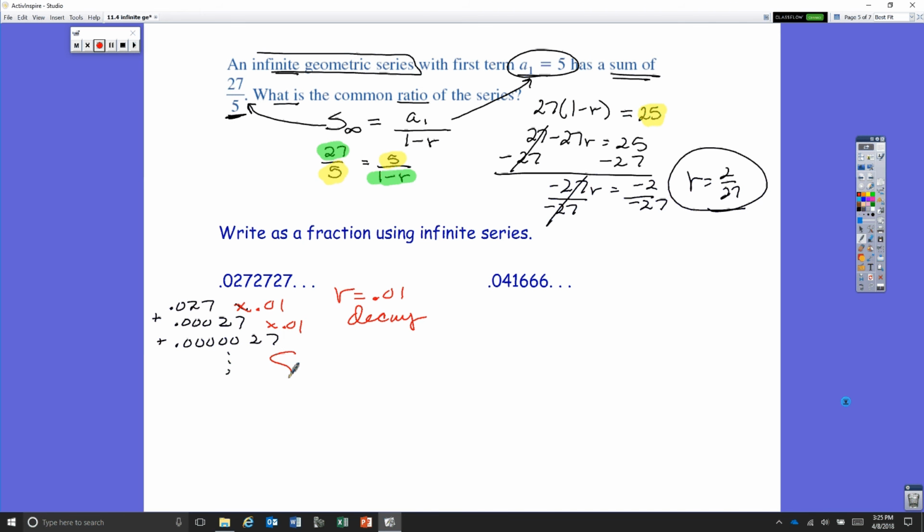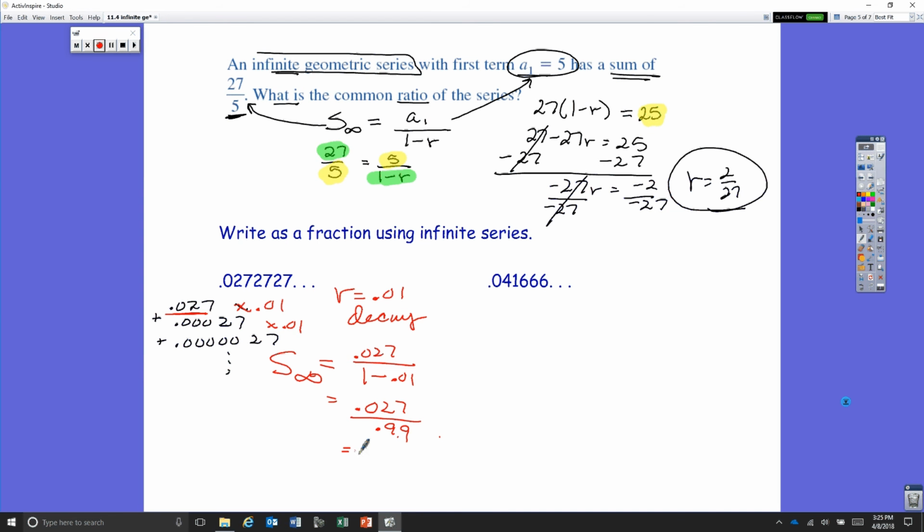So this will be a convergent sum. First term, 0.027, divided by 1 minus my ratio of 0.01. That gives me 0.027 over 0.99. This time I have to move my decimal 3 places.